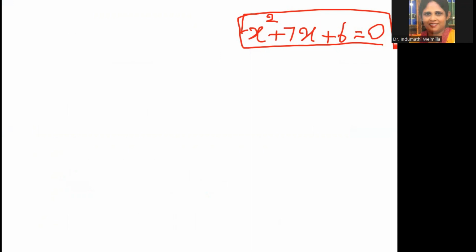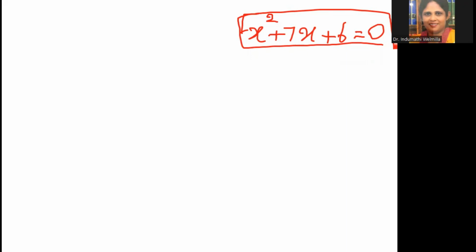I think you already know how to factorize this type of equation, but I will explain it to you. When we factorize, first we have to consider whether the first term, here the square term, has a coefficient of 1 or not.